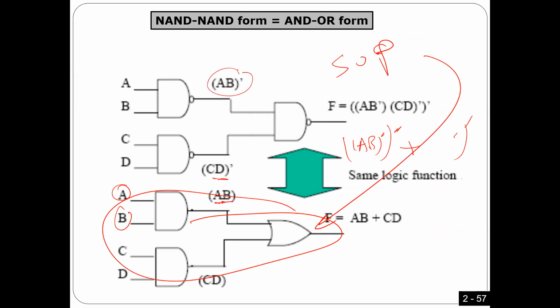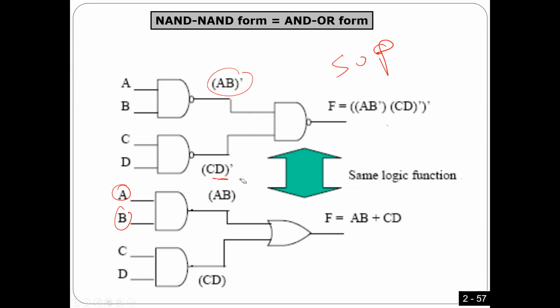This one here? No. This part here? Yeah, which is the first input. So the first input here is AB prime, the second input here is CD prime. Is that okay? And then the output is the two inputs ANDed together and then primed. That's how NAND works.